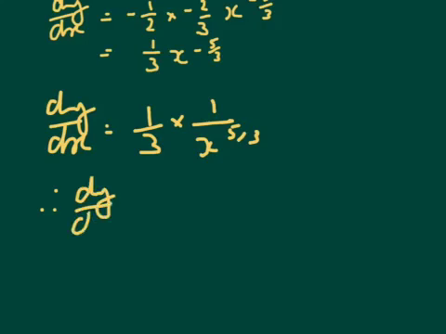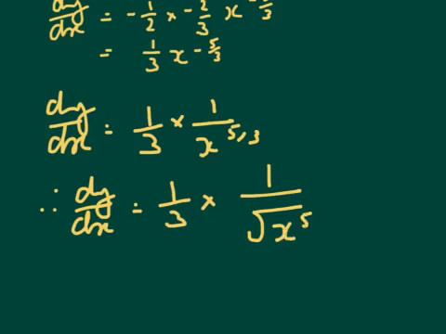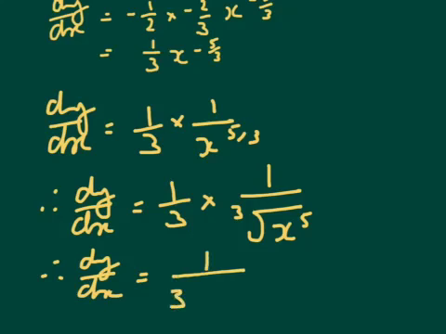Dy dx is equal to 1/3 times 1 on, okay, the power of x is 5 and it is the cube root. And finally, what you would do is just bring the fraction back into the expression and conclude that dy dx is equal to, now 1 times 1 is 1, so we write 1 on 3 cube root x to the power of 5, and that is our answer.